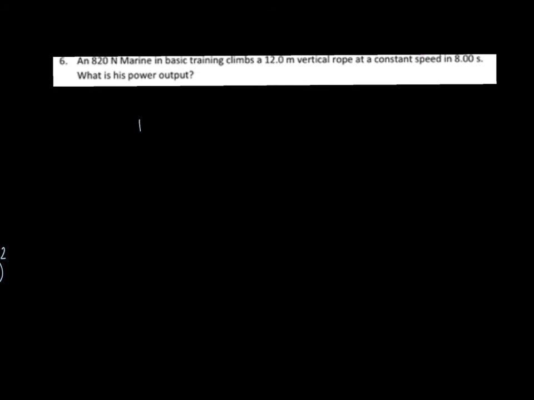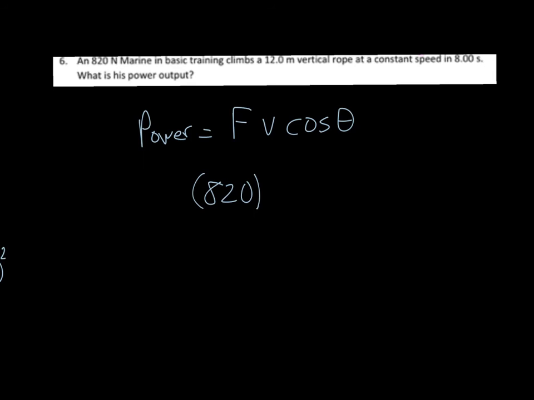So we know that power equals the force times the velocity times the cosine theta. The force that he is applying is 820 newtons times the velocity, and velocity is position over time.